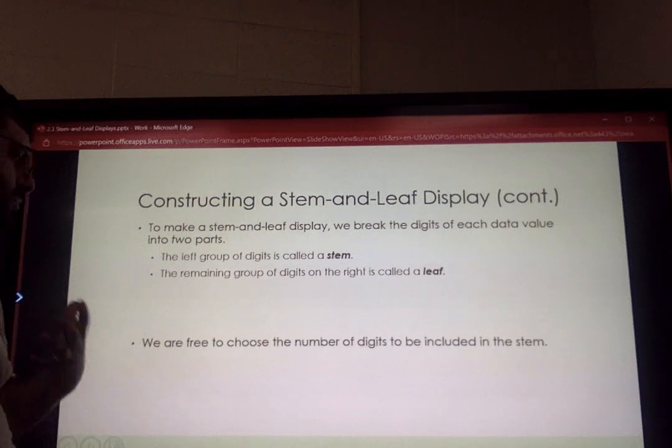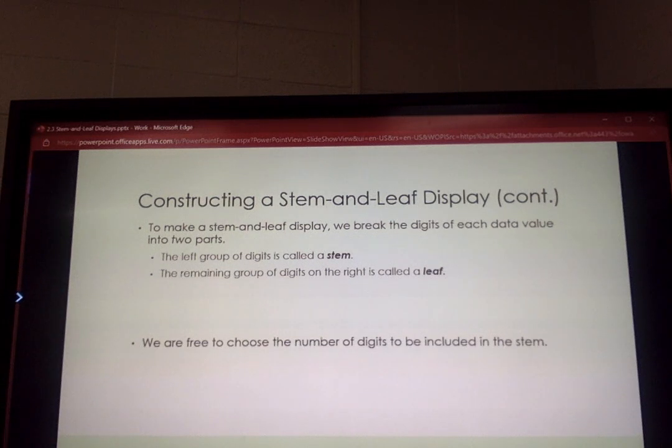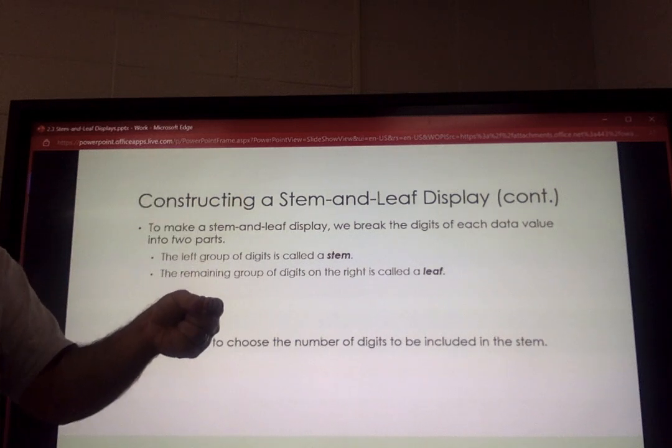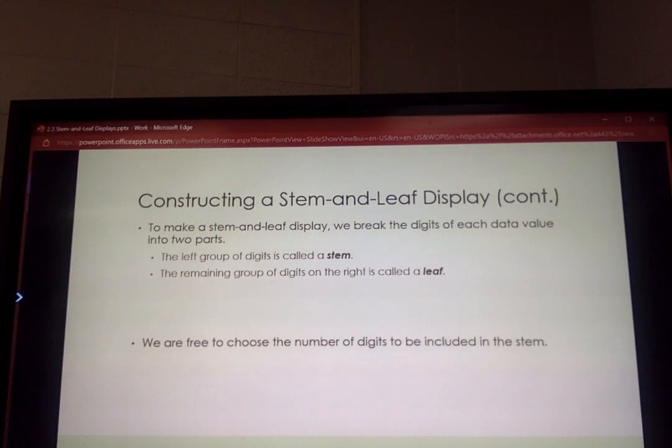The good thing about this is we're free to choose the number of digits to be included in the stem. Think of the stem as the independent value and the leaf as the dependent value. The digits on the leaf depend upon what digits are on the stem. So we can choose how many digits we want in the stem, and everything else goes to the leaf.